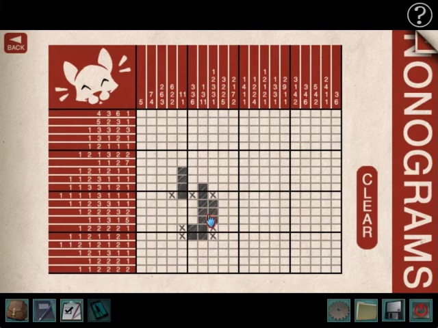Alright, so that means that this can be blocked off. Which means that this can be blocked off too, since we can't fit a 3 or a 6 in there. So that means that 6 can extend all the way down there. And the 1s somehow go in there.